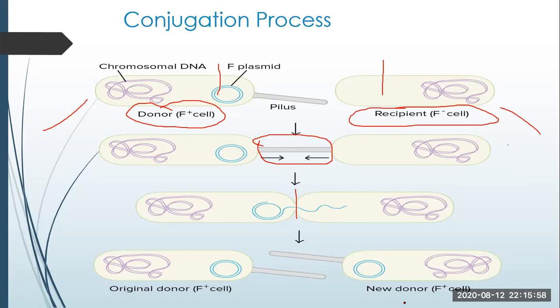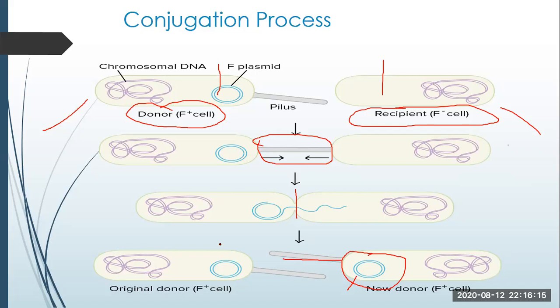It produces two kinds of cell, and the new cell also becomes a donor cell. Here the plasmid is synthesized and produces a complete plasmid DNA, as the donor cell, with a pilus.